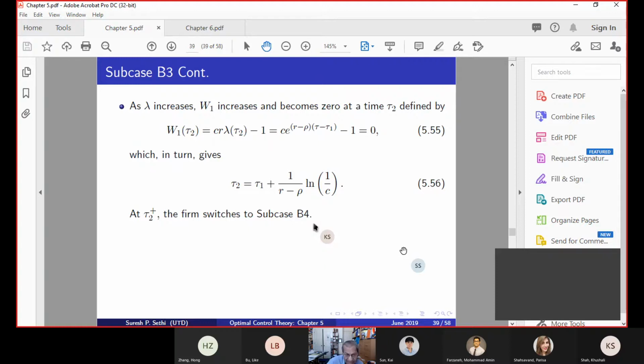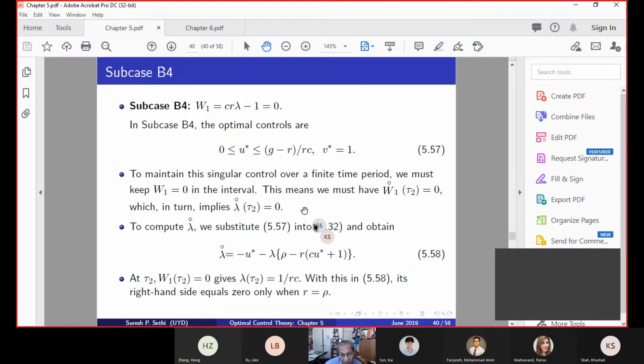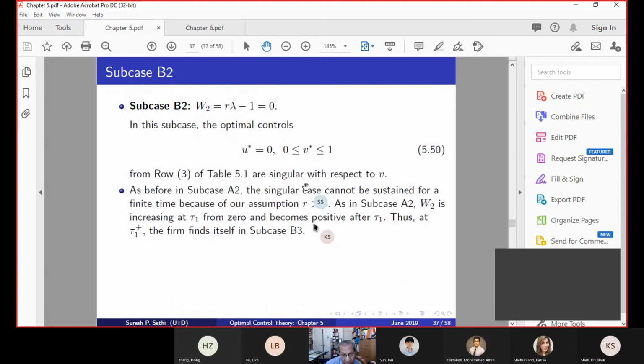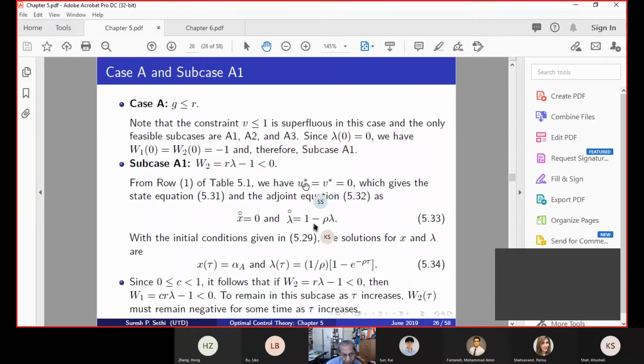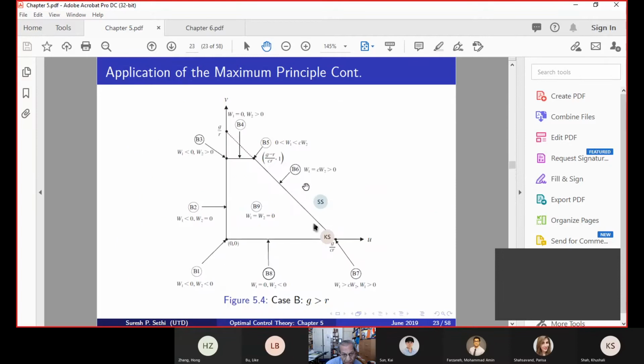And once again, now, as before, I switch to B4. Okay, let's do a picture here again. So I started here. Then I was in a singular control on B2.